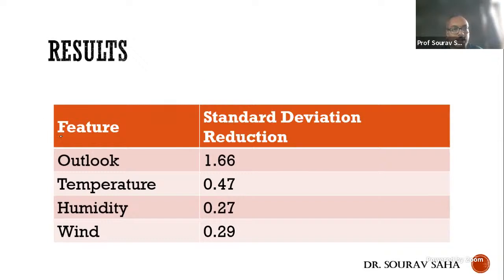The answer is indeed Outlook, because when we saw that the Outlook variable had the least standard deviation amongst all the other variables, temperature, humidity, wind, all the other features, Outlook had the minimum variance or standard deviation, and the reduction in the standard deviation at the root of this particular branch is the maximum when we use Outlook.